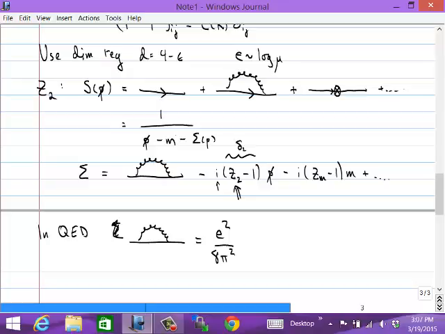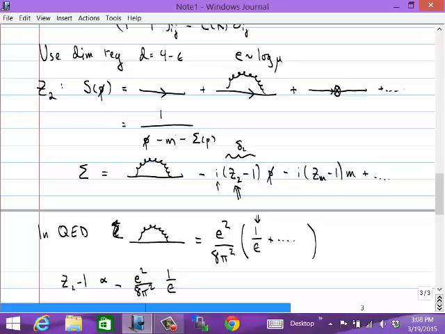There was some 8 pi squared. And it has a UV divergence that looks like 1 over epsilon, plus various terms that are finite that we're not going to care about. Because the point is that the wave function renormalization is designed to cancel this 1 over epsilon. So Z2 minus 1 is then going to be proportional to, well, there's a minus sign to cancel that epsilon, e squared over 8 pi squared times 1 over epsilon.